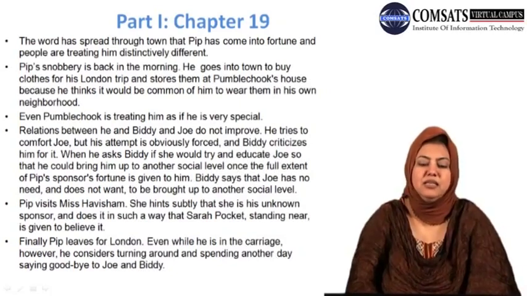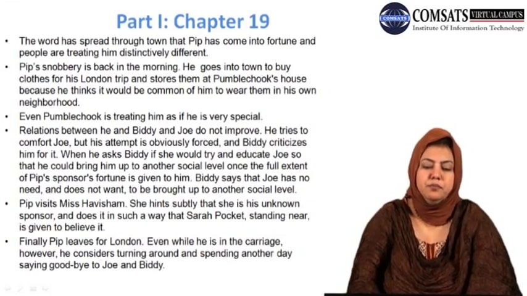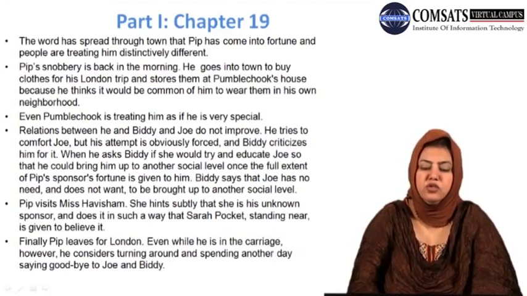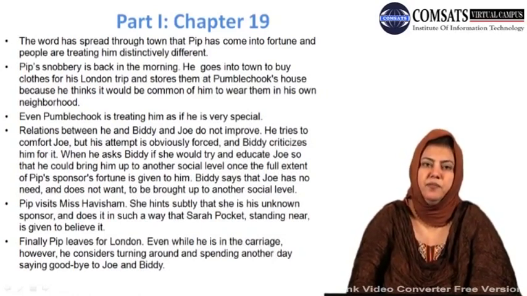Relationships between him and Biddy and Joe don't improve. Pip tries to comfort Joe, but his attempt is obviously forced, and Biddy criticizes him for it. When he asks Biddy if she would try and educate Joe so that he could bring him up to another social level once the full extent of Pip's sponsor's fortune is given to him, Biddy says that Joe has no need and does not want to be brought up to another social level.